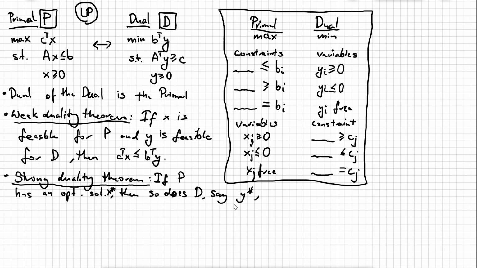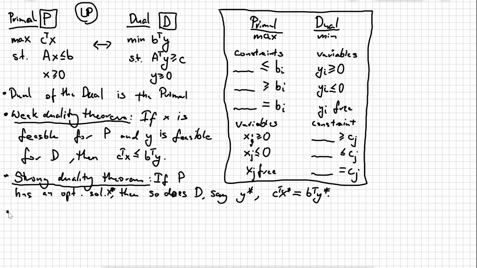Say the optimal solution of the dual is this, and we said this already in the example, but in general it works that the optimal value of the primal is the same as the optimal objective value of the dual problem, right? This is interesting, but there are also other consequences of this.